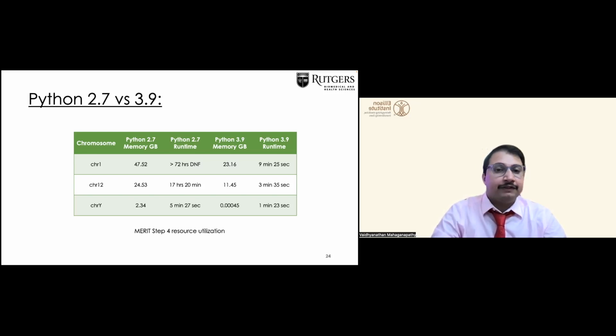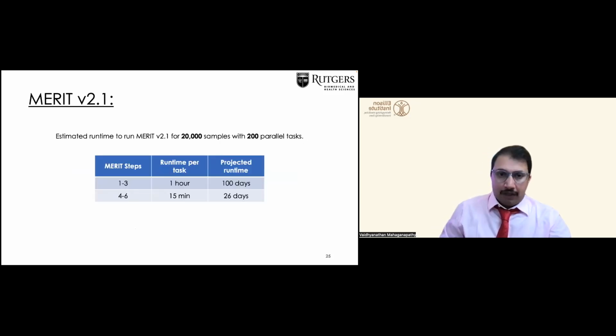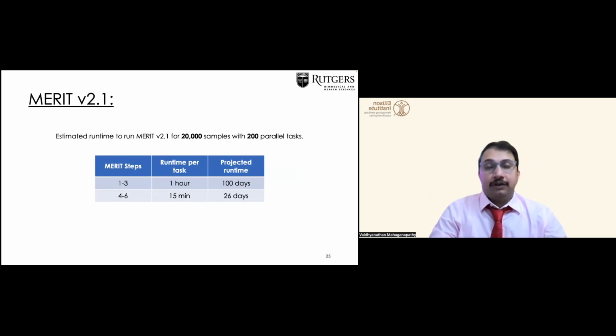And as you can see, for even smaller chromosomes like chromosome Y, the gains are even bigger. So this meant that now we can actually implement this pipeline in a realistic timeline. For the same 20,000 samples, assuming 200 parallel tasks from 5 years, now for the entire Merit, not just for step 4, it would only take 4 months.